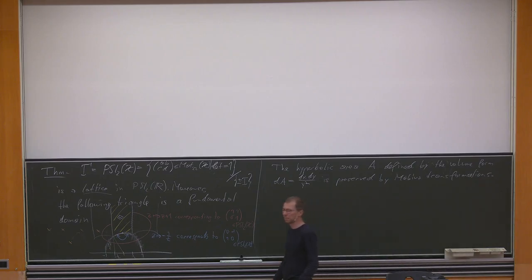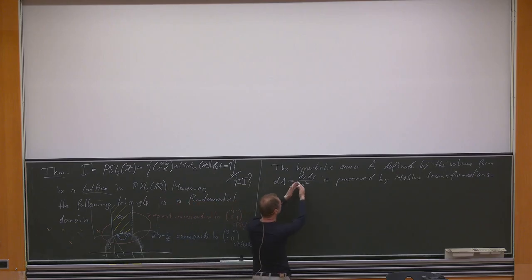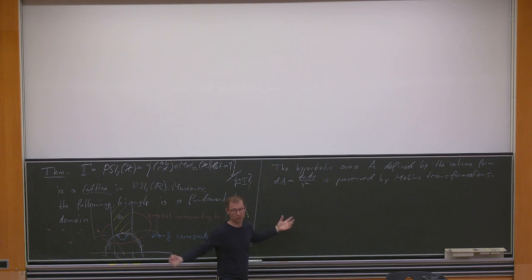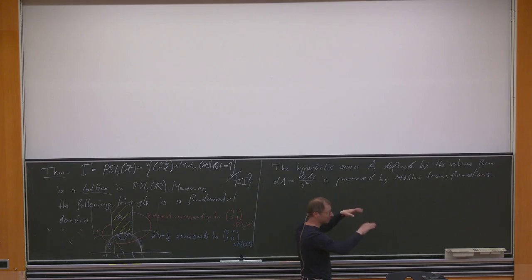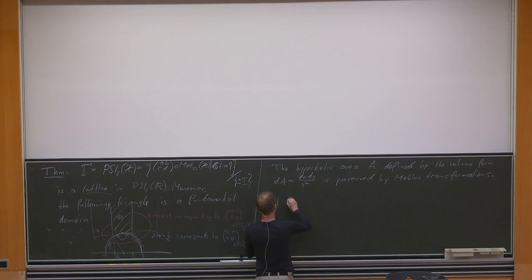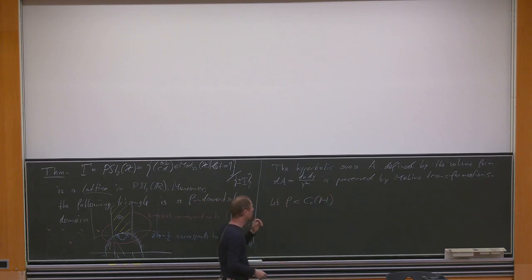If you do have Riemannian geometry, then this is not a surprise. This comes naturally from the hyperbolic metric. The hyperbolic metric is preserved, and hence the volume form defined by it has no other choice than to also be preserved under the Möbius transformations. But let's not talk about that. Let's just show that it's clear by concrete calculation. Let f be a continuous function of compact support on the hyperbolic plane.